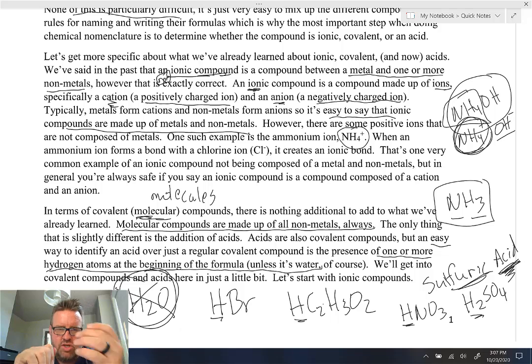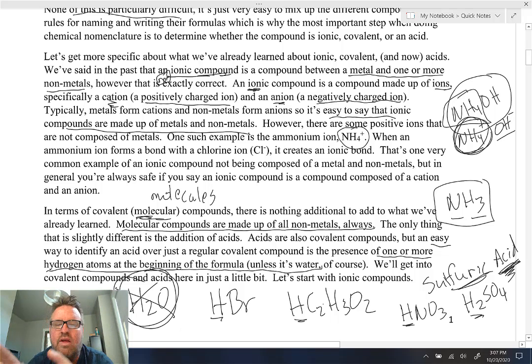Just to review here, the best way to describe an ionic compound is a positively charged ion with a negatively charged ion. An easier way is a metal with one or more nonmetals. A covalent compound or a molecular compound is made up of all nonmetals.